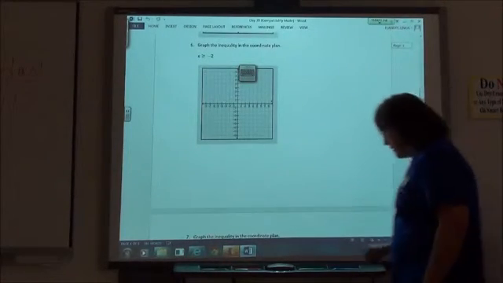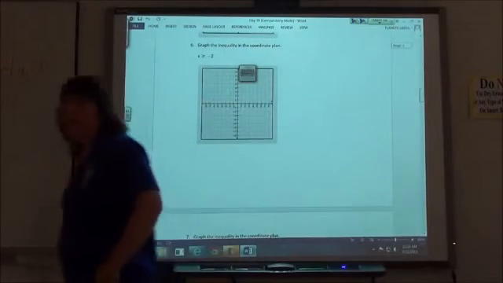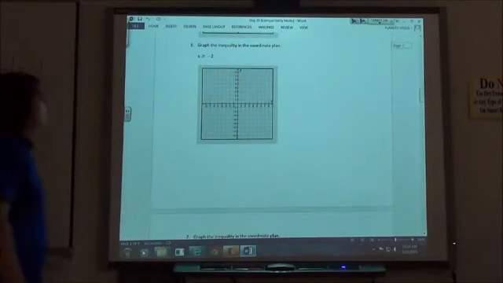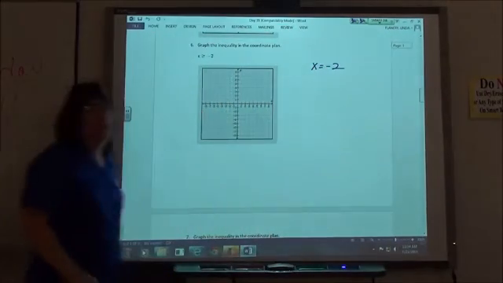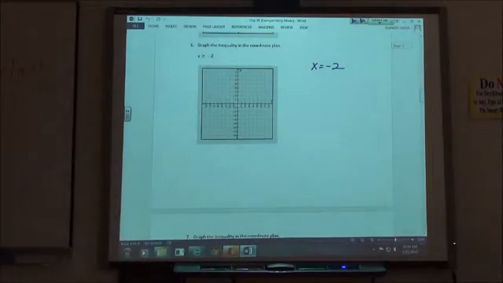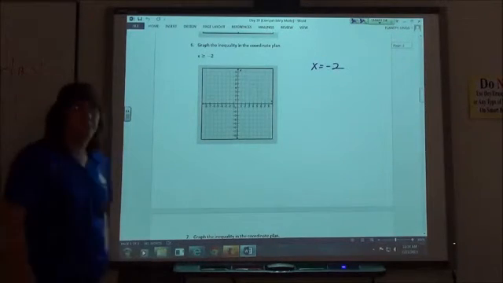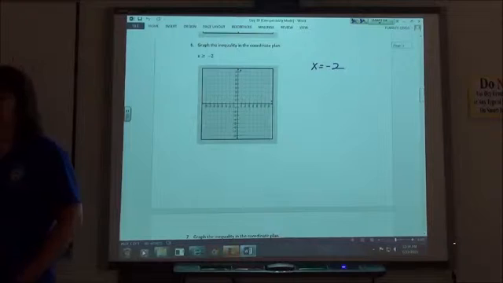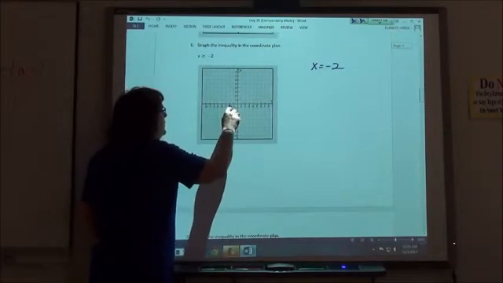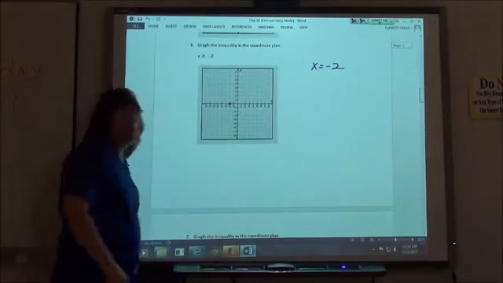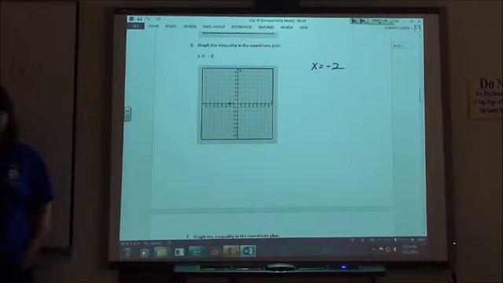So number 6 says we want to have x is greater than or equal to -2. So we're going to start by graphing the line x equals -2. How are we going to graph that line? Put a dot on x at -2 and then goes vertical.